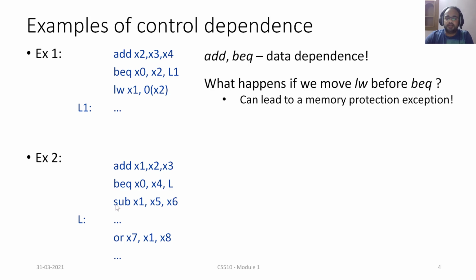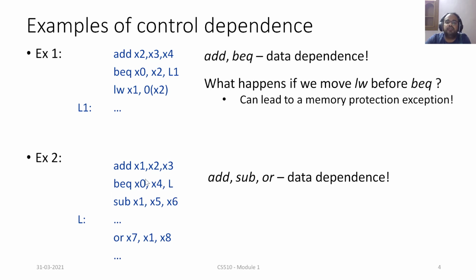Another example along similar lines. Let's say we have add x1, x2, x3, BEQ x0, x4, L, then subtract x1, x5, x6, then some instruction at label L, and an OR instruction x7, x1, x8, and so on. If we look at the data dependence, we have data dependency between add and OR, and subtract and OR, and which one of these comes into the picture will be determined by the BEQ.